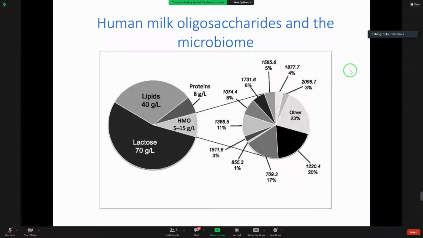Another group of metabolites or compounds are called oligosaccharides, and they're actually quite prevalent in breast milk. They're the third largest component of breast milk, and they're small sugar molecules. And there are very many different kinds of these short sugar molecules, these oligosaccharides.